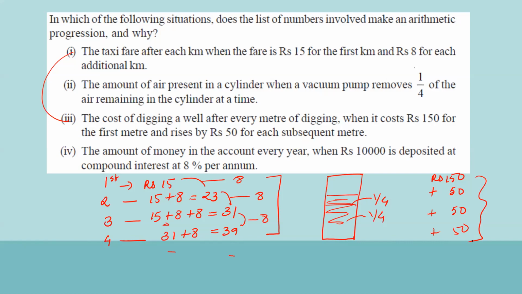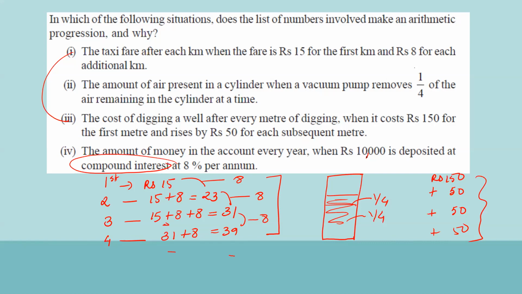Fourth one, the amount of money in the account every year when 10,000 is deposited at compound interest of 8% per annum. You have learned in 8th standard, compound interest is always not on the base amount, but on the accrued amount. For example, for the first year, you have deposited 10,000 rupees. At the end of the first year, it's at 8%, so 800 rupees will be added to it.